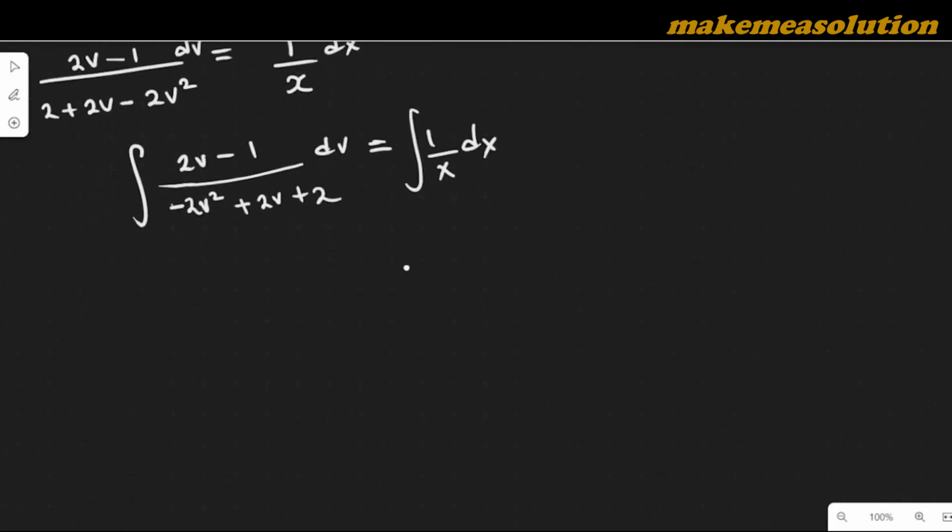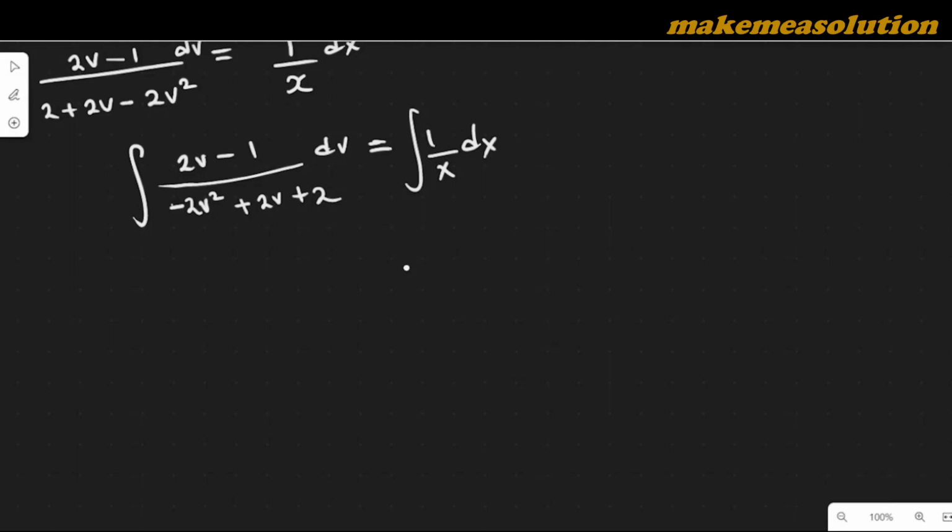Let's see what we're dealing with here on the right hand side and on the left hand side. We are still going to use those integration techniques that we've built up to this point.